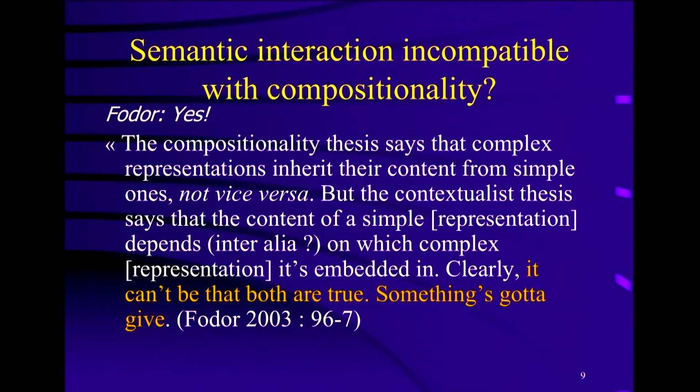I'll read the quote from him. The compositionality thesis says that complex representations inherit their content from simple ones, not vice versa. It works only one way. You get simple representations, complex representations made out of them, and the complex representations have their meanings or content determined by that of the constituents.